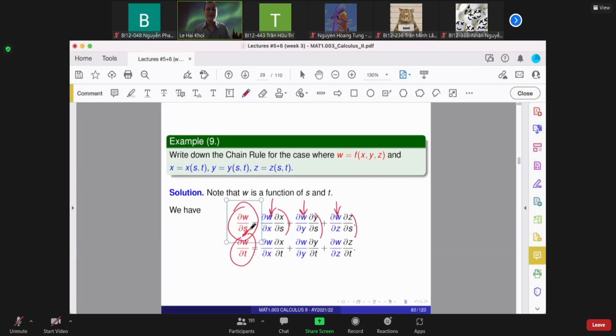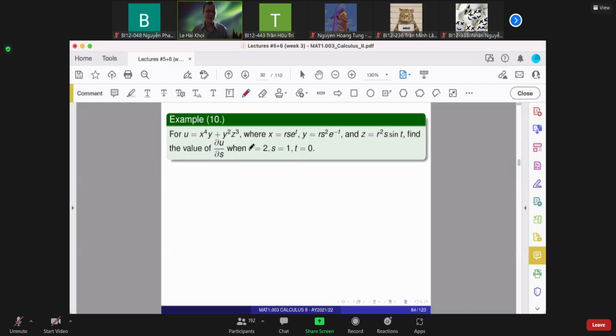So we change the number of variables of the main function and the number of variables of the main function's variables as functions of other variables. So here you have x, y, z as functions of r, s, t, and you are asked to find du over ds at a particular point, r equal to 2, s equal to 1, t equal to 0.